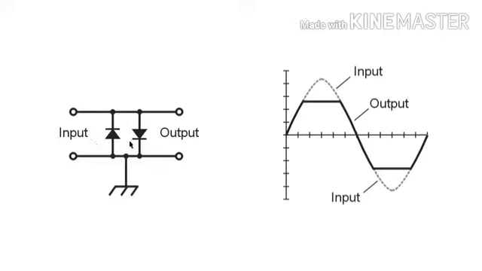So if you place two of these back to back in parallel, in reverse directions, you can clip the peaks of any audio signal that comes in here to the input of this circuit.